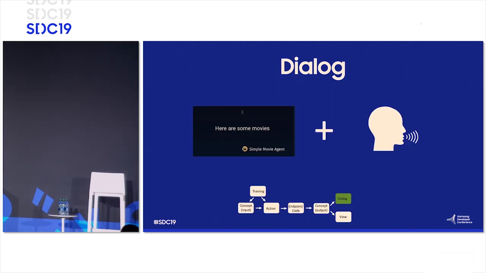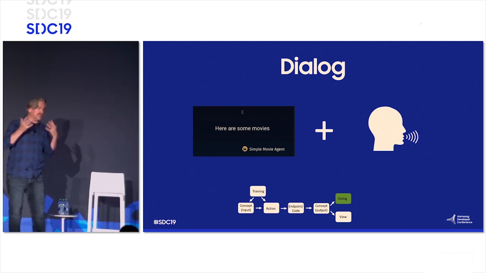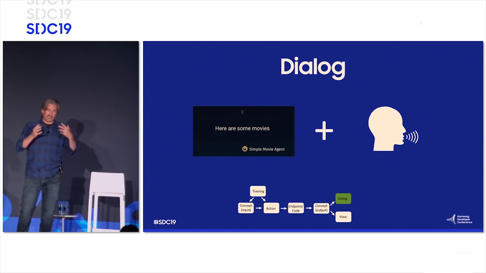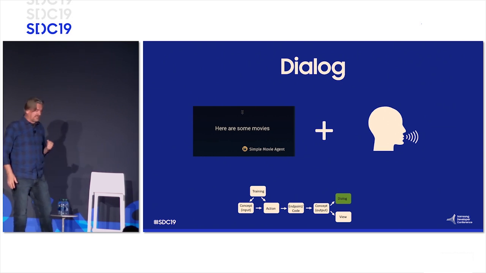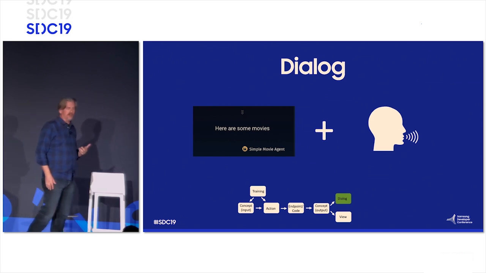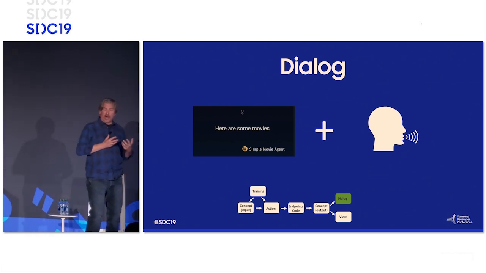Okay, so the dialogue, I said it wasn't real sexy in this demo because it just says here are some movies. But it could be a lot more interesting. One thing really important about when you're defining dialogue, you're also defining the speech output of Bixby. Now, by default, if the user is on the smartphone and they're looking at the smartphone, they obviously can see that UI.